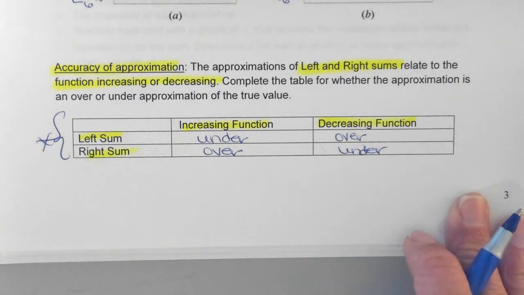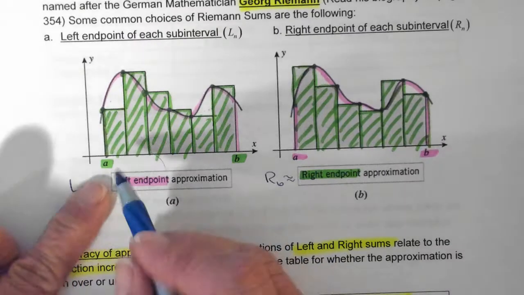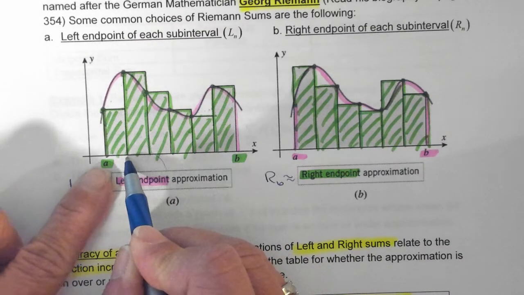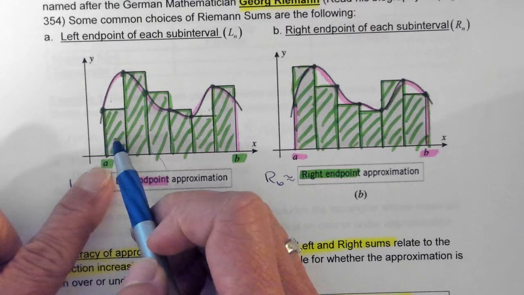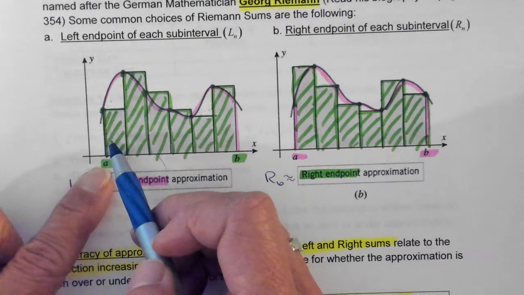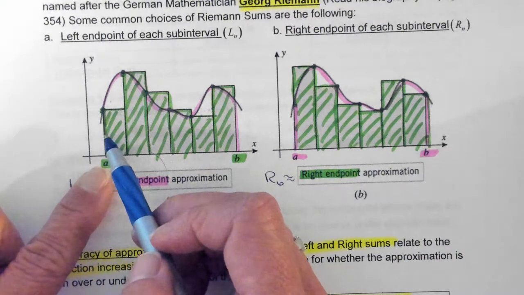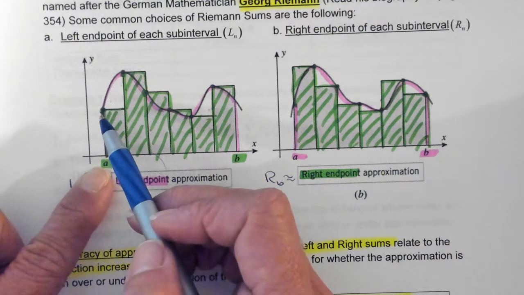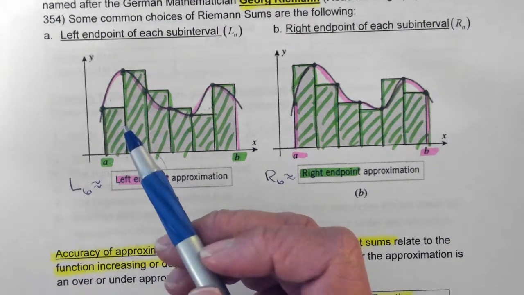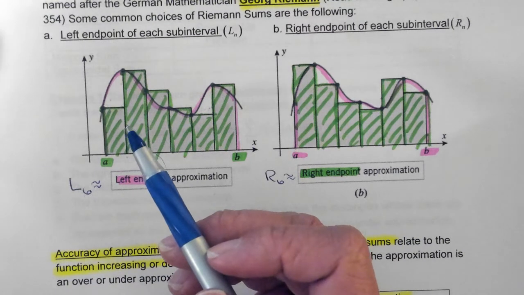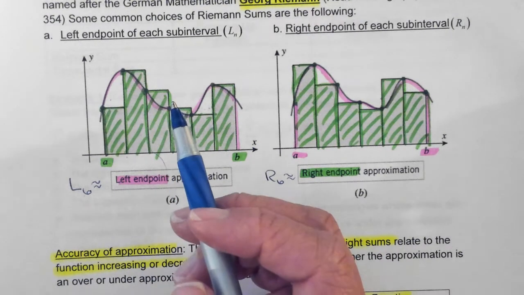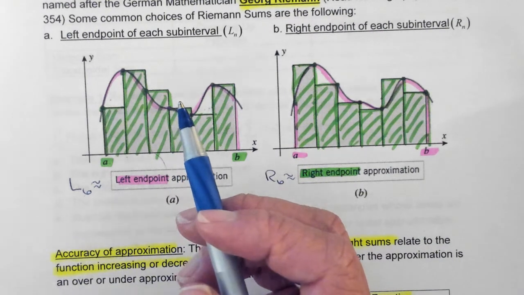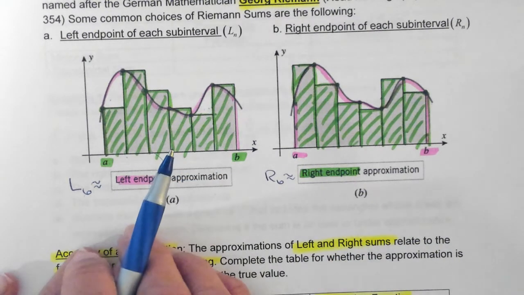For the left sum, if I'm looking at, let's say, from A to B, and I'm looking at the area right here, you would say this is an under approximation because the function is increasing. You have to give the reason. Does everyone understand? Or you could say f of x is increasing. You can't just say it's an under approximation, period. It's going to say justify your answer. Does everybody understand why this is important?